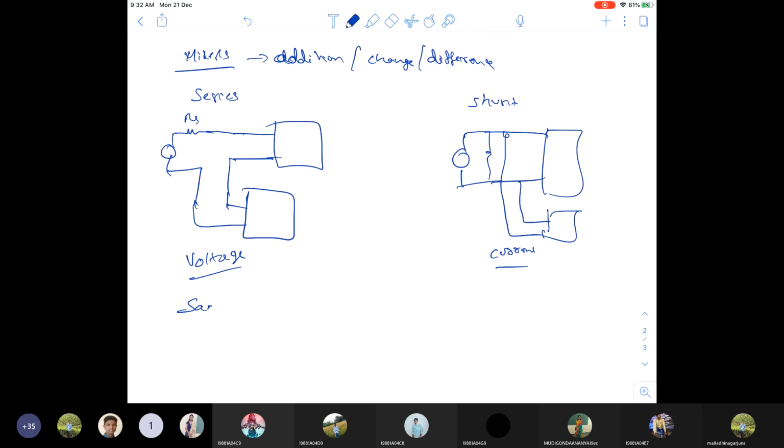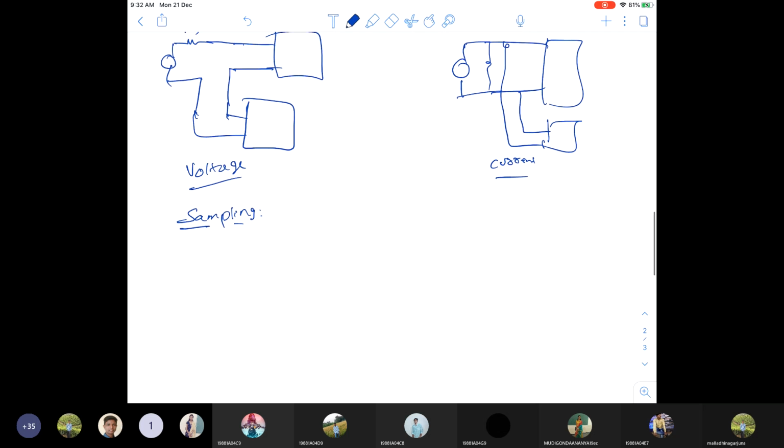Similarly, sampling. In sampling, again there are two types: voltage sampling and current sampling. Voltage sampling is nothing but it's constant, no change.